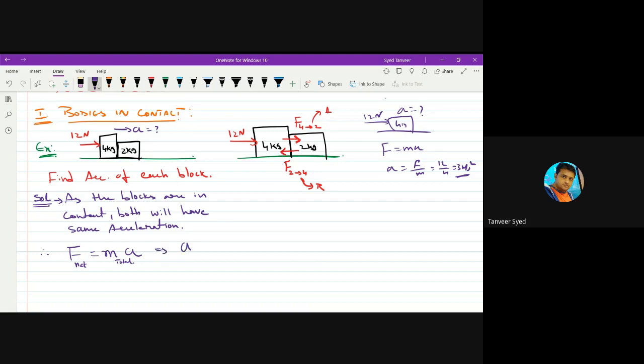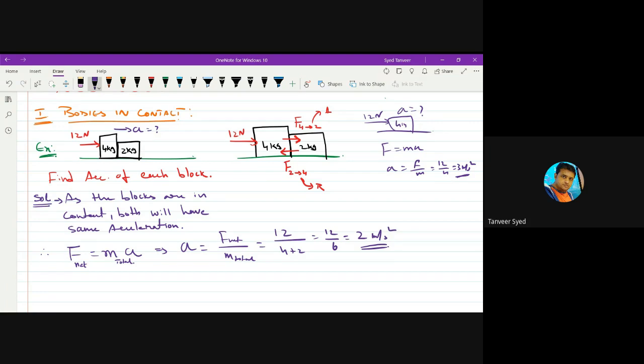From this, acceleration is equal to F net by total mass. What is the net force? There is only one force applied, which is 12 Newton, divided by the total mass, 4 kg plus 2 kg. 12 by 6, 2 meter per second square is the acceleration of the system.